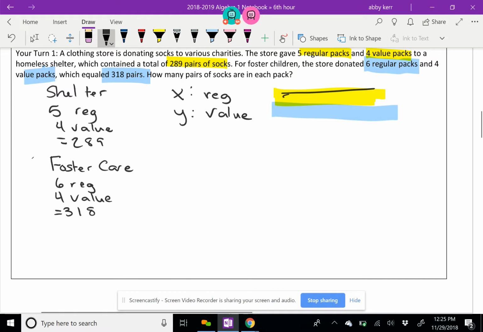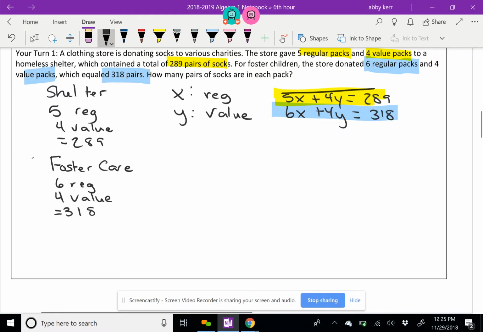So for my shelter, I had 5x plus 4y equals 289. And then for the foster care, I had 6x plus 4y equals 318.